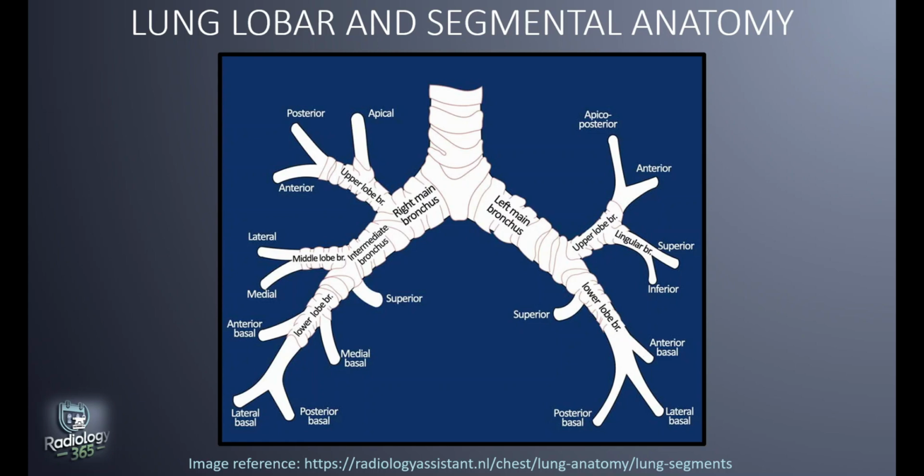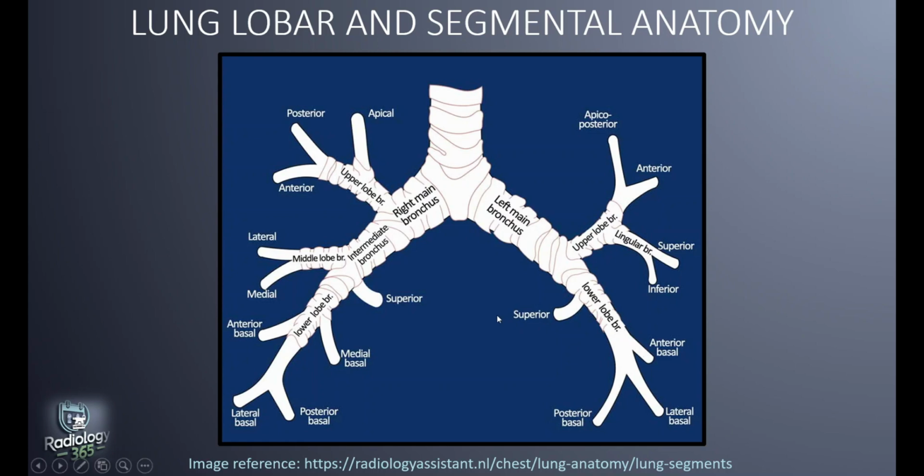The left lung is divided into 2 lobes. The upper lobe has bronchopulmonary segments that kind of mirror the right lung, and then the lower lobe also has some bronchopulmonary segments that kind of mirror the right lung. There are minor differences which we would look at.